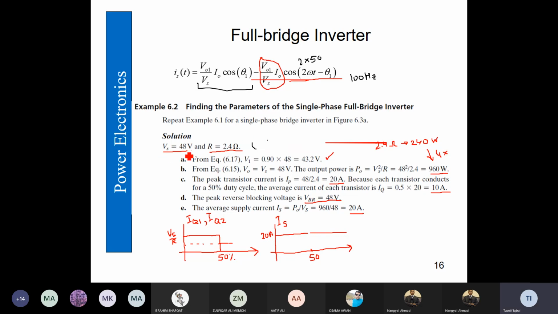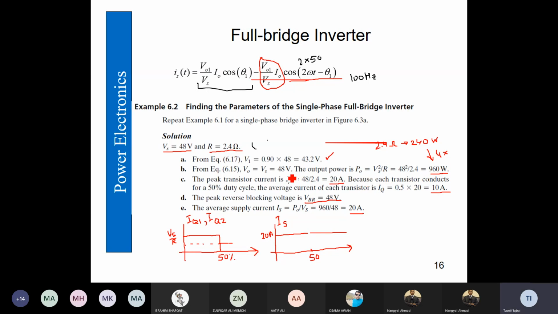The same supply is given, 48 volts, the same load, 2.4 ohms, and let's find all other components, including the first fundamental, which is now improved from 45% to 90%. So the first fundamental RMS voltage is 43.2 volts, whereas the total voltage is 48 volts.